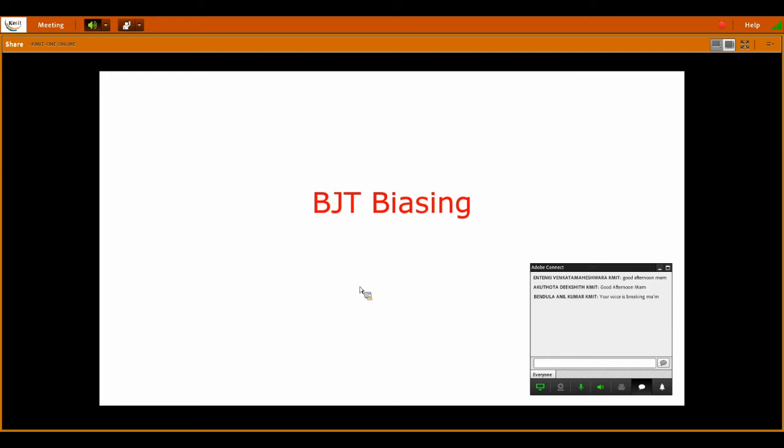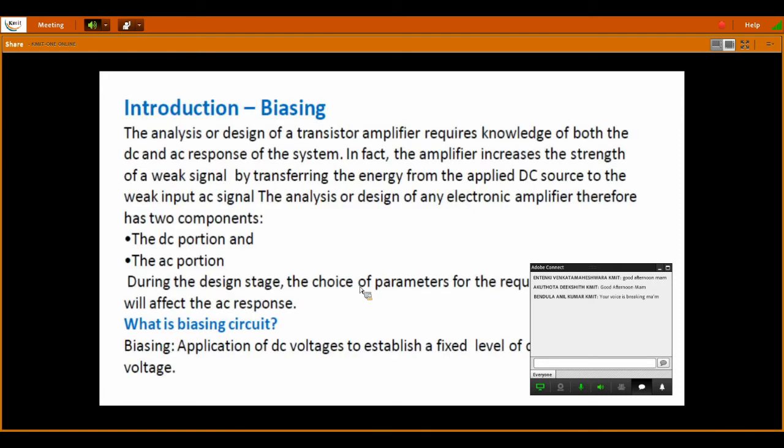So what does biasing mean? For any design of an amplifier, you need knowledge of both the AC and the DC analysis. We already have an idea about the DC analysis by taking the input and output characteristics of each configuration.